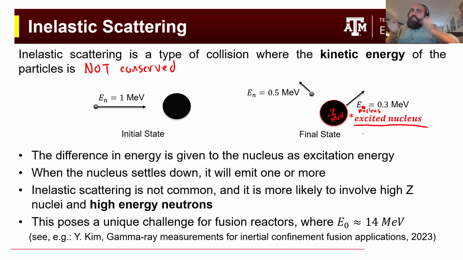This nucleus is excited, vibrating around, and eventually it's going to settle down, and energy is conserved in that process. As that nucleus settles down, it's going to emit a particle or more than one particle, and the particles emitted by the nucleus are gamma rays.